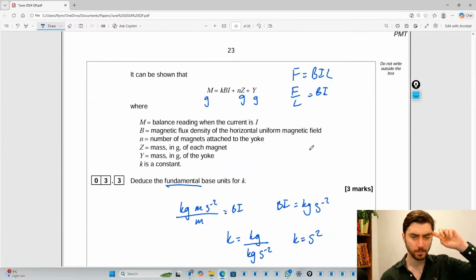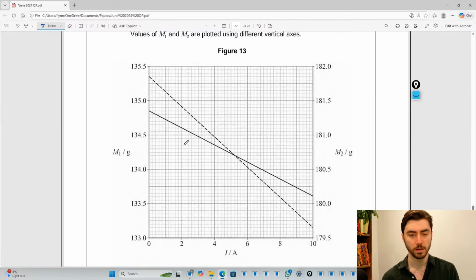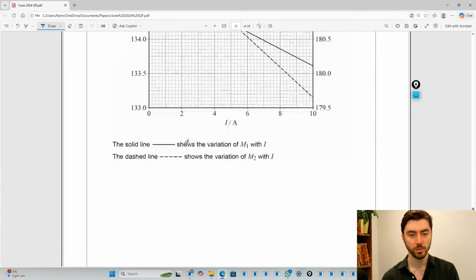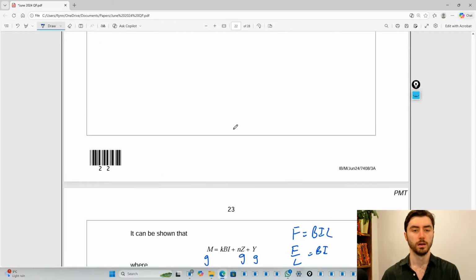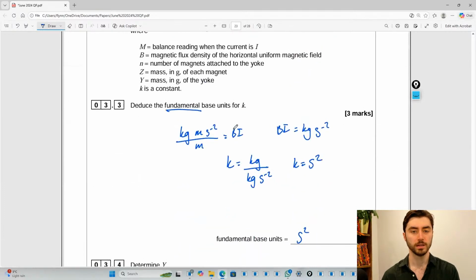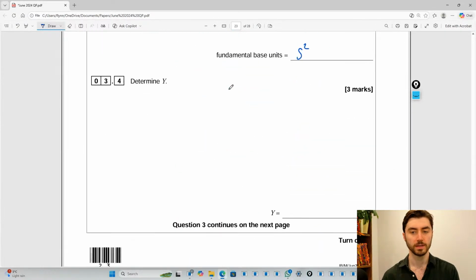Determine Y, the mass in grams of the yoke. N is the number of magnets, which changes from 2 to 4. Okay. When the current is 0, okay, this isn't too bad.